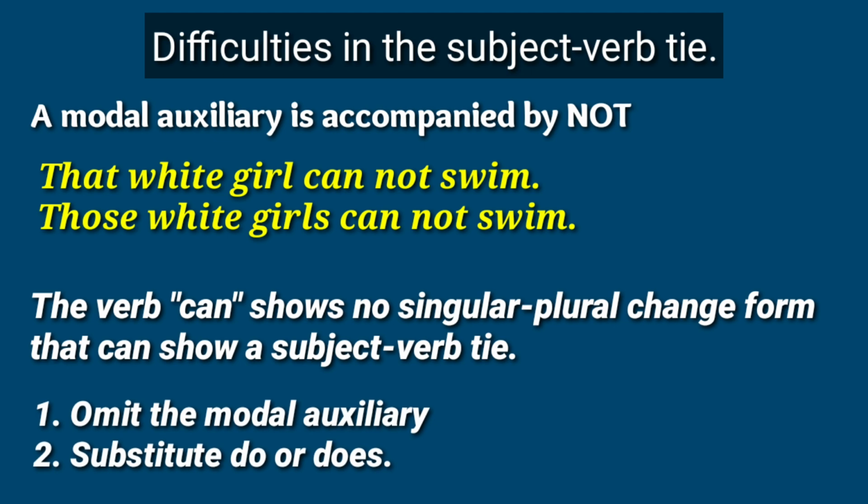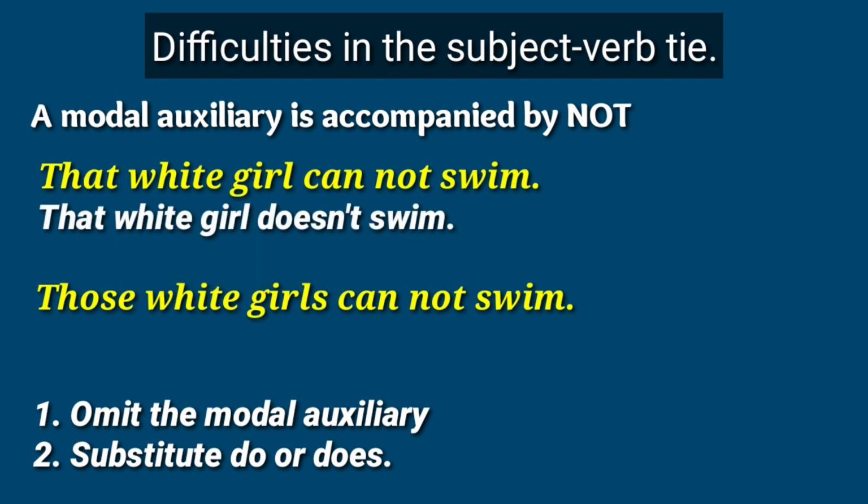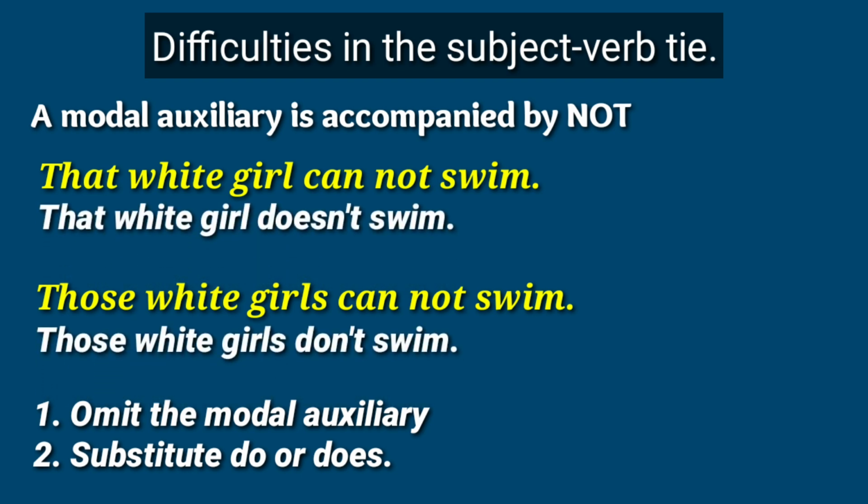So we should omit the modal auxiliary and substitute do or does. It will become, the white girl doesn't swim. Those white girls don't swim. Here, the subject girl is tied to the verb does, and the other subject girls is tied to the verb do.